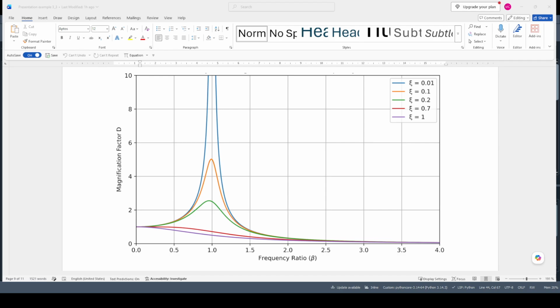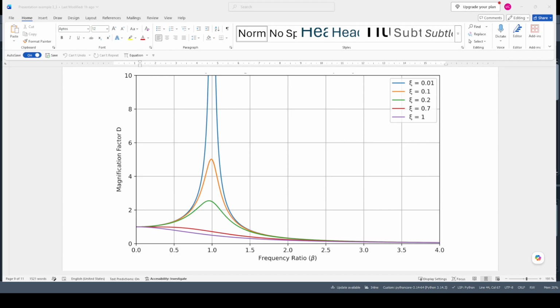We arrive to infinite, and for xi different from 0, D is very high. For frequency ratio near 1, the factor is very sensitive to damping. It can be very large depending upon the damping.